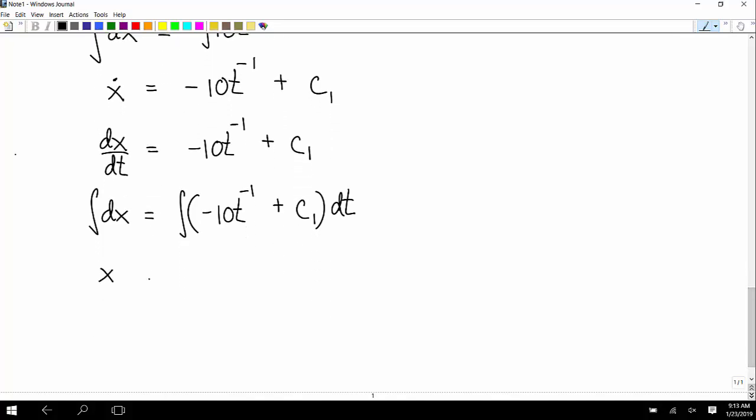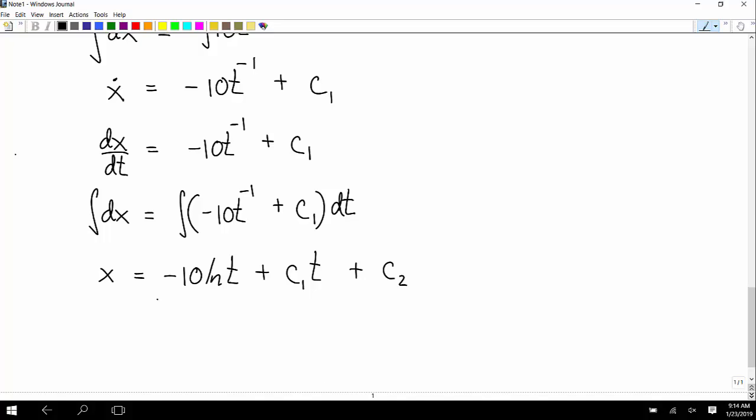And we get x is equal to negative 10 natural log of t plus c1t plus c2. Okay, and now we need to use both of those two boundary conditions with this equation to find those two constants of integration.